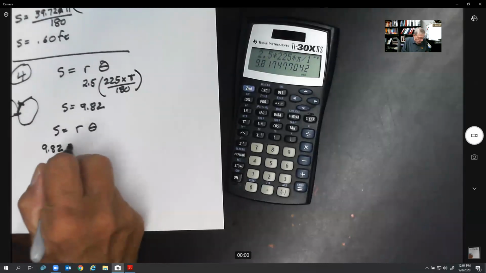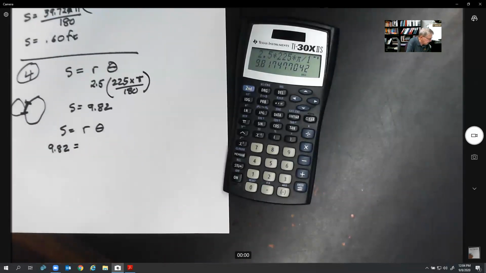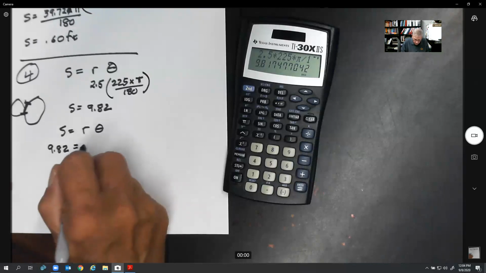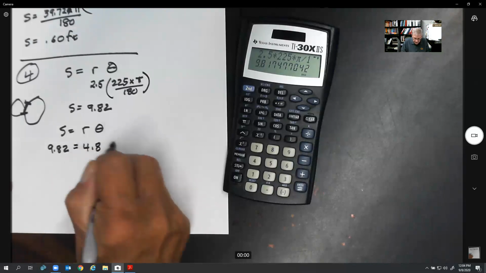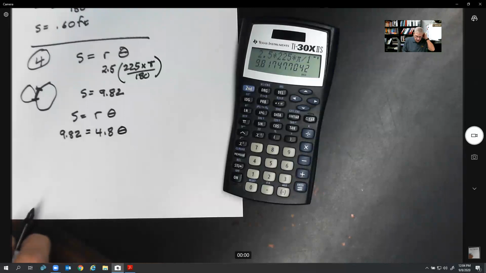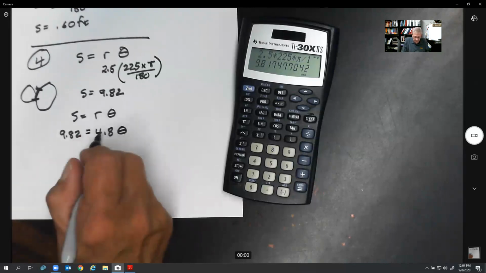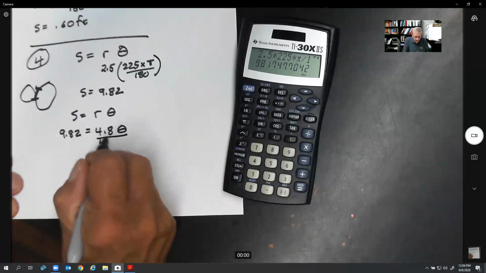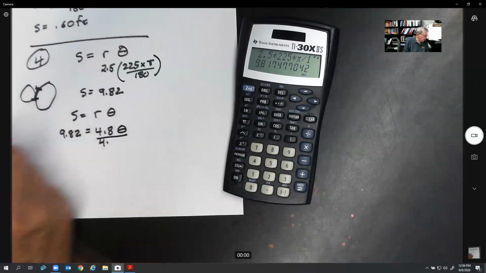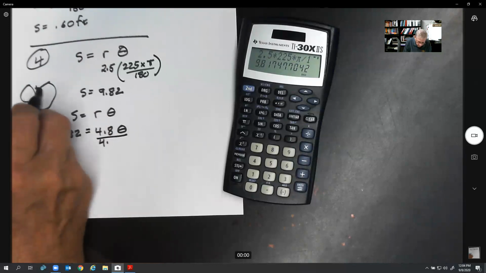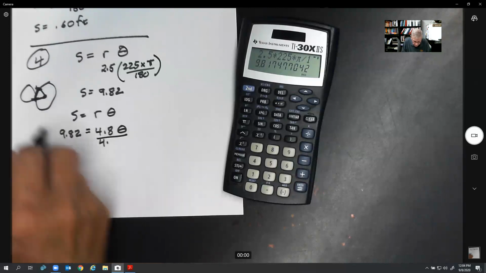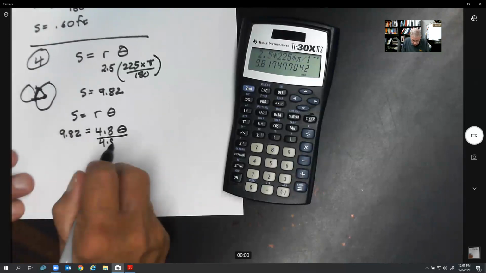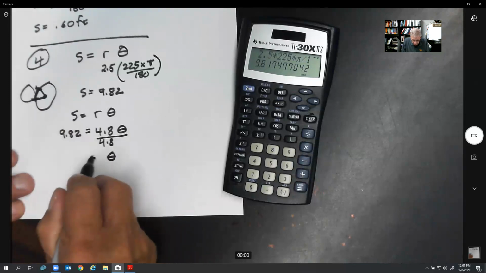We know R is the big circle, which is 4.8, and this should give us theta. So we're going to take 9.82 and divide it by 4.8. We're trying to find the angle in here. Confusing.